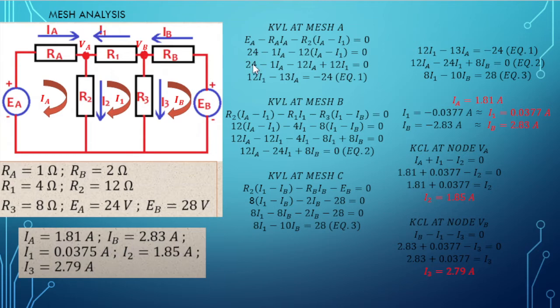EA is 24 minus RA, which is 1, then minus R2, which is 12, times IA minus I1.